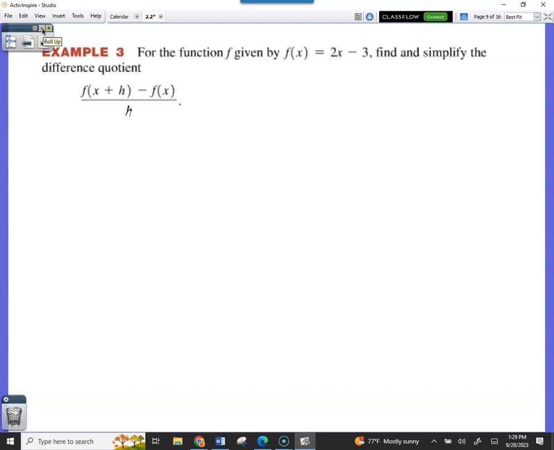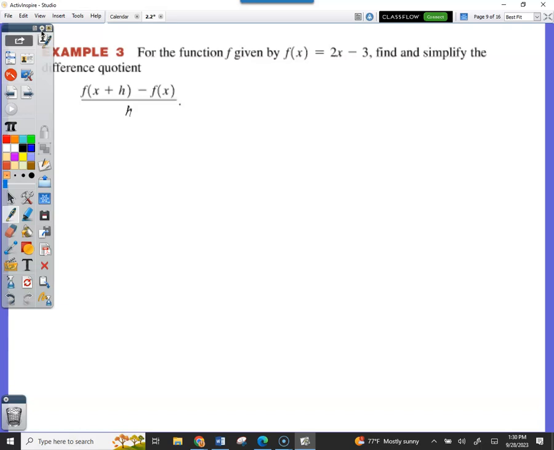Okay. So it says take function f, find and simplify the difference quotient. You will notice there are two parts to the difference quotient. If I need to, I'll highlight it so you can compartmentalize. You have this part right here, and then you have this part right here.